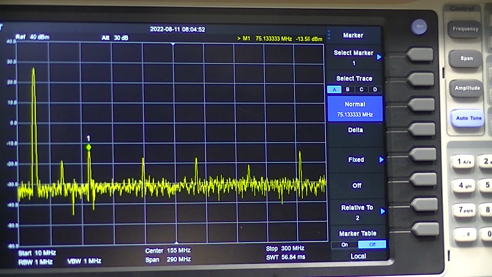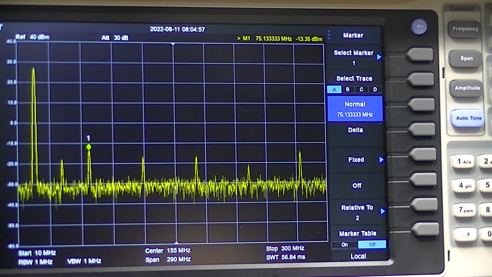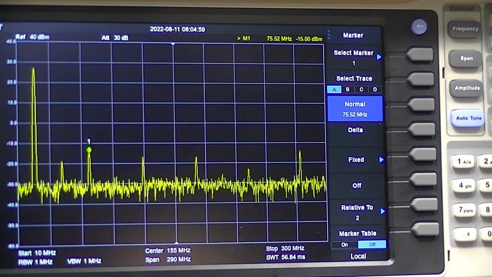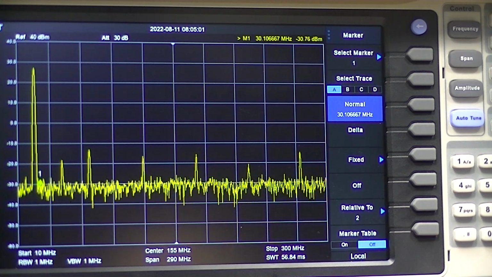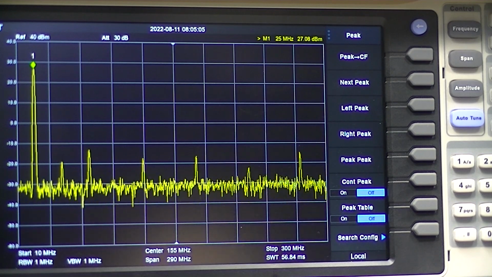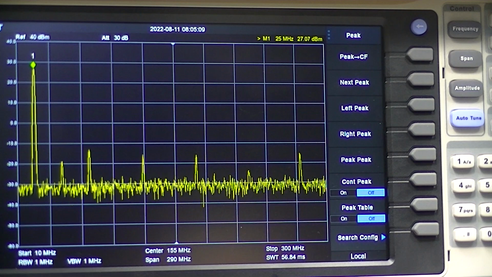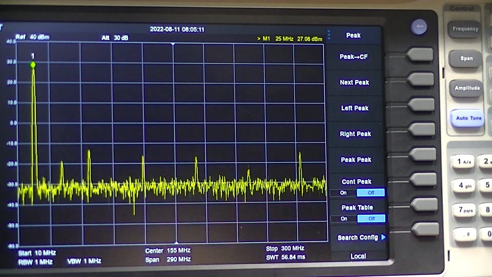For example, that harmonic is minus, say, 13. Go back to the peak, plus 27. So it's down there, but it's not insignificant.